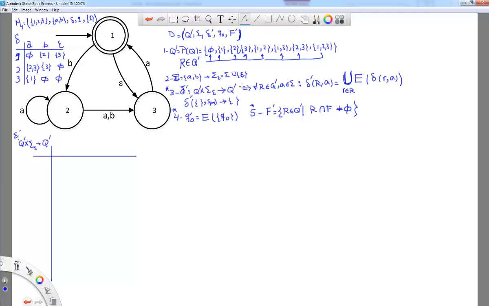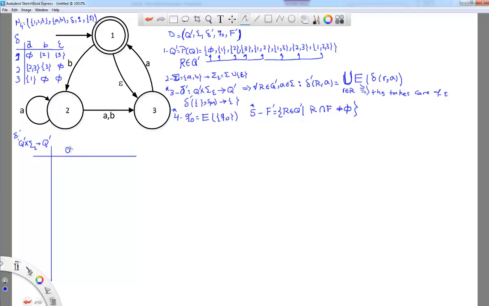And I'm recognizing the epsilon here with the E, so this takes care of epsilon. I don't have to put that in the output arrow.